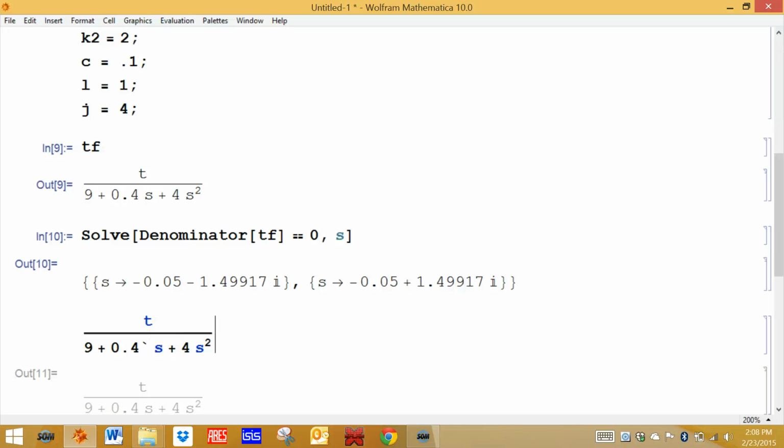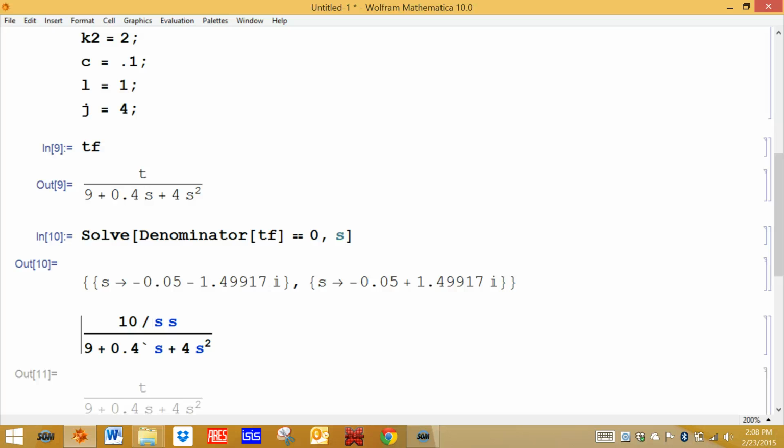For step 2, I put in the Laplace transform of the input. If it's a constant of 10, it would be 10 divided by s. Step 3 is to multiply by s. Step 4 is to take a limit.